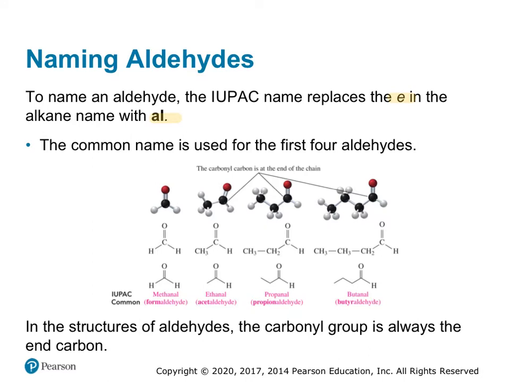But for the first four aldehydes, we use the common names: formaldehyde, acetaldehyde, propionaldehyde, and butyraldehyde. So for the first four, we use the common name. For any longer chains, we change the ending to Al.